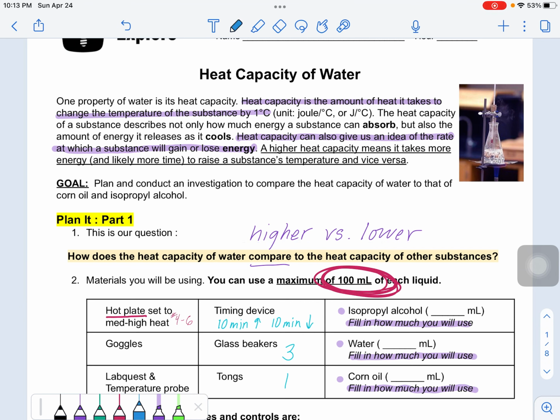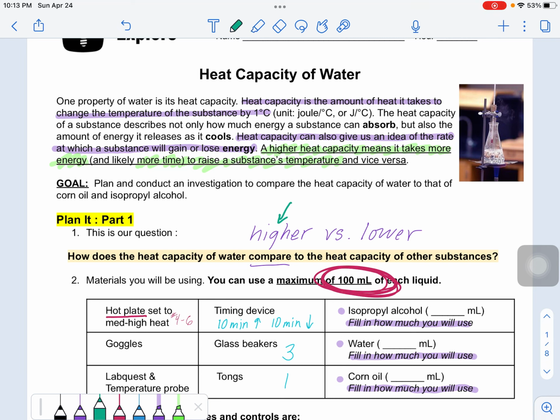And when we think about higher heat capacity, what that's able to do is take in more energy, meaning it takes more time for that substance's temperature to go up.